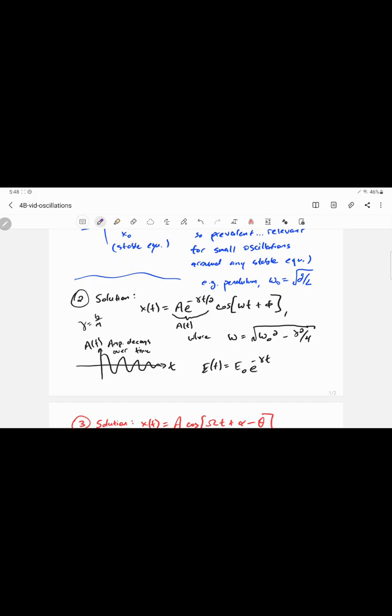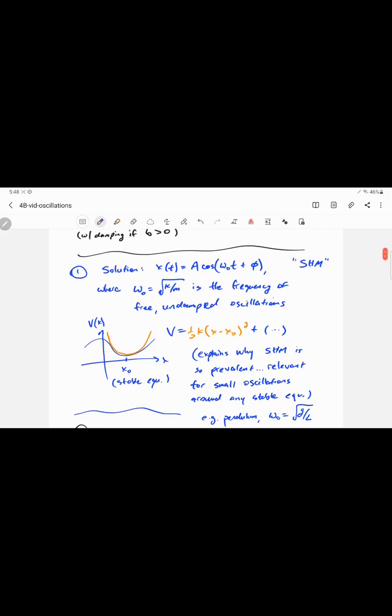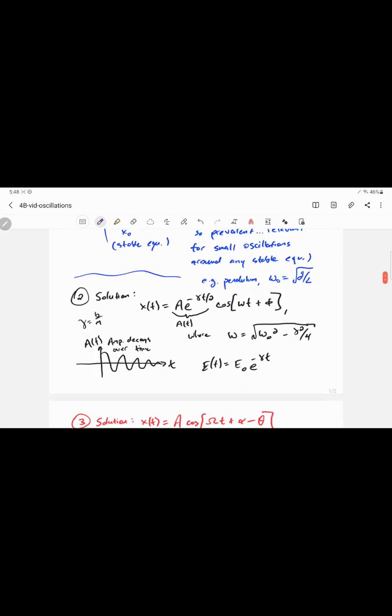One other key fact about this is that you'll notice this frequency is a little bit different from the frequency of free oscillations right here, this omega naught. So we're using a different letter for this. In other words, if we had free oscillations, it would look like this, and it wouldn't decay over time.